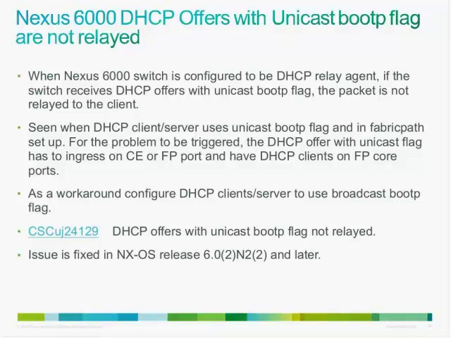So again, it's seen in a specific situation. We are tracking it with CSC UJ24129. Obviously, we made sure that we fixed this issue as a priority. DHCP is a widely deployed feature, especially the DHCP relay as well. So it is fixed in the 602N22 release.